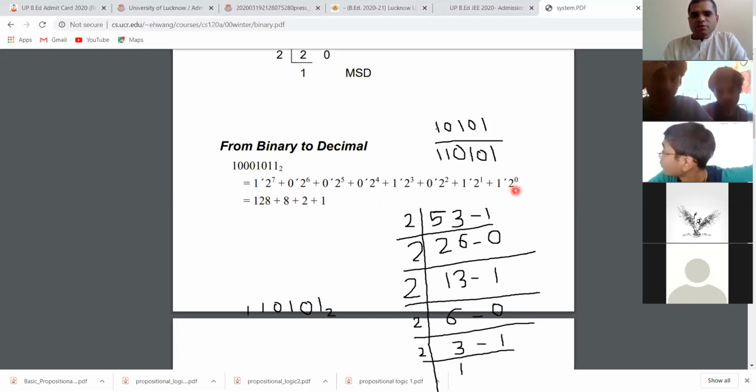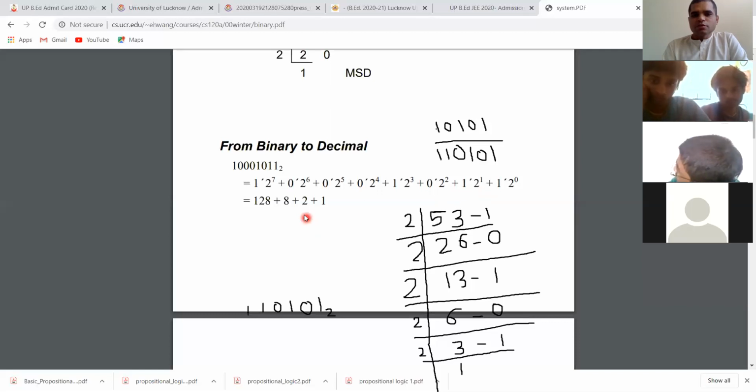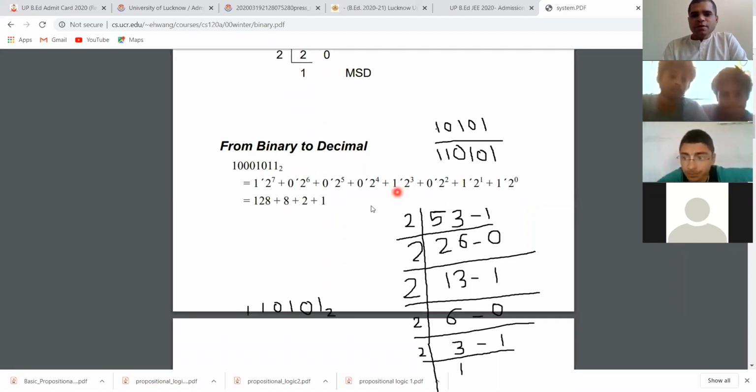So 2 to the power 0 is 1, so 1 into 1 is 1. Then 2 to the power 1 is 2, 1 into 2 is 2. Then the third term becomes 0. Then the fourth term: 2 to the power 3 is 8, 8 into 1 is 8.